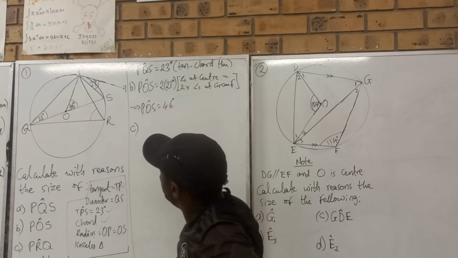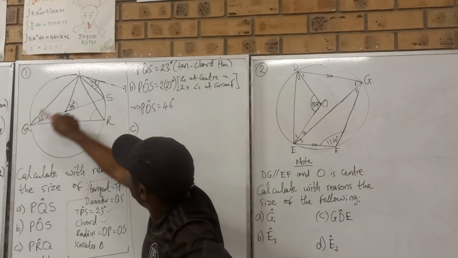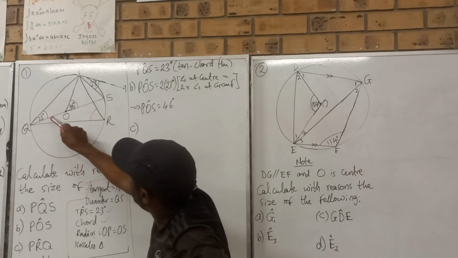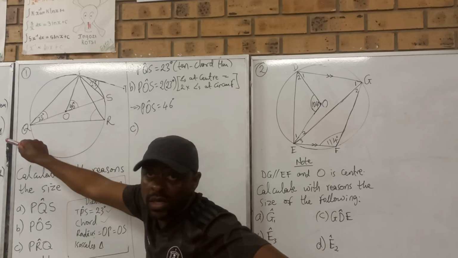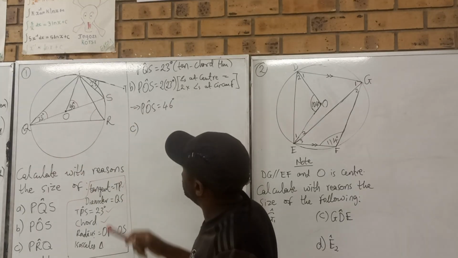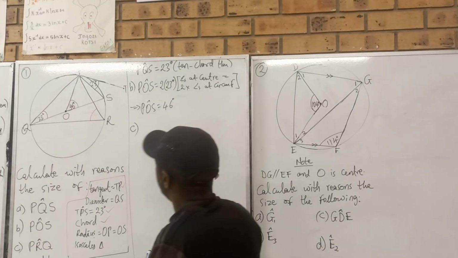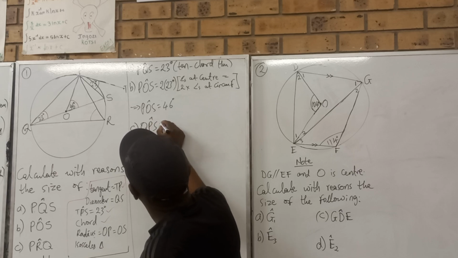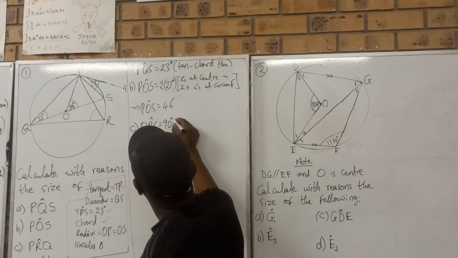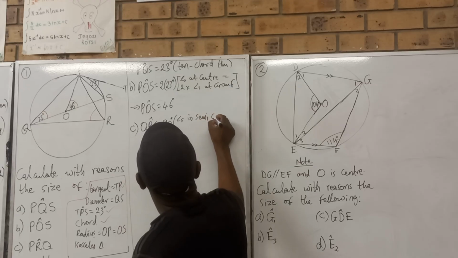But angle S is found in which triangle? QSP. And can you see QSP is a triangle subtended by a diameter, because SQ is a diameter. That really helps me to get angle S. So I will start by saying QPS is equal to 90 degrees, and that is angle in a semicircle.